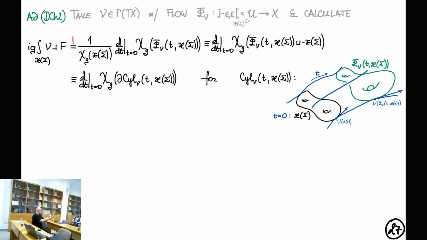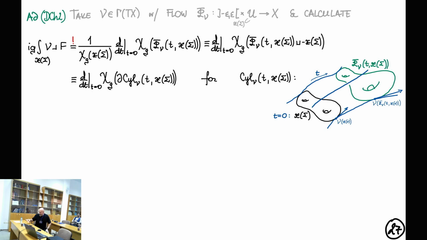So if I divide by chi of something, this means I take chi of the inverse of the cycle, but the inverse of the 2-cycle is the cycle with inverted orientation. So now what's the geometry? I have my embedding, I flow it, I have the flow one, and I invert the orientation of this guy. What do I get? I get the boundary of the flow cylinder.